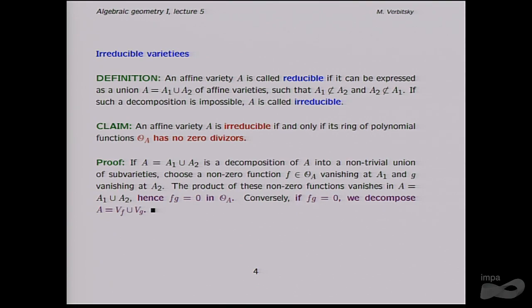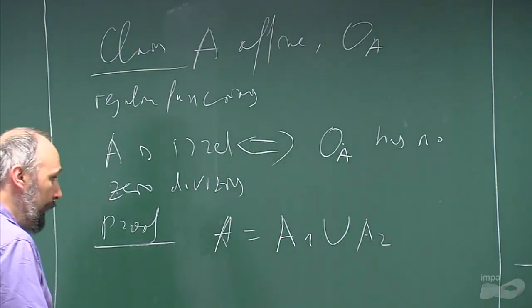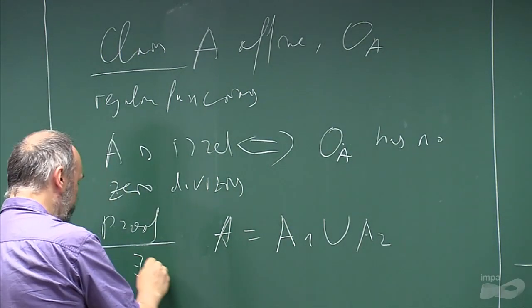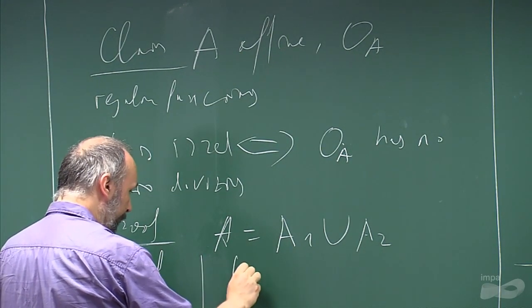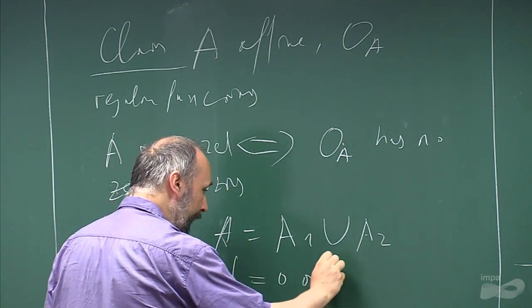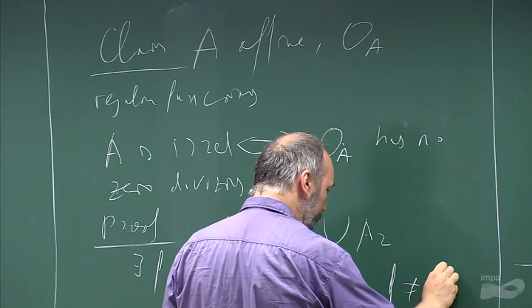If A is A1 union A2, both algebraic, then there exists a function f such that f is equal to 0 on A1 and f is not equal to 0 on A2.